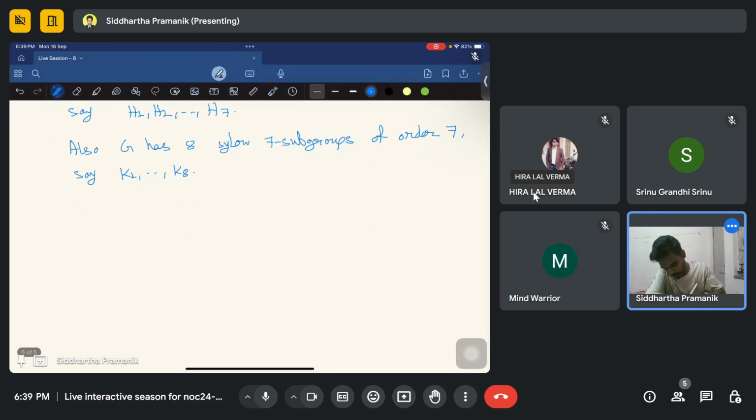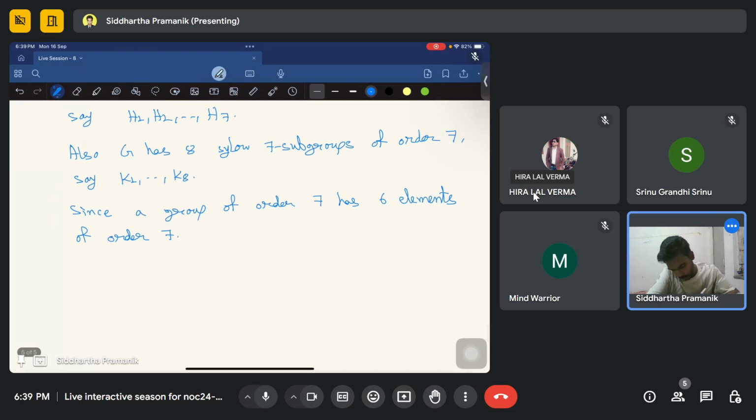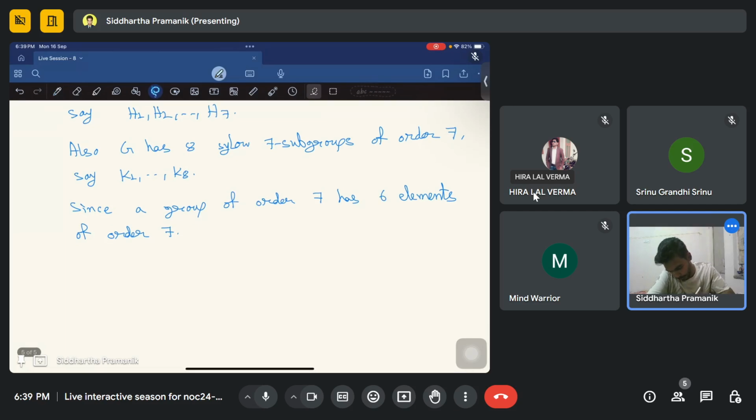Since a group of order 7 has 6 elements of order 7, because 7 is of prime order, every non-identity element has order 7. Okay, I will use this fact later.